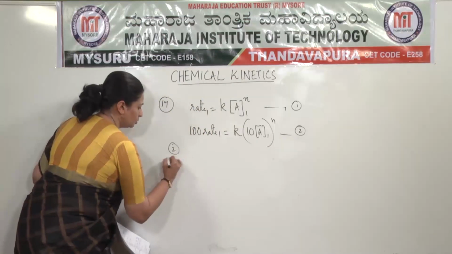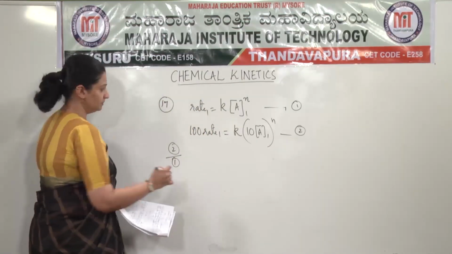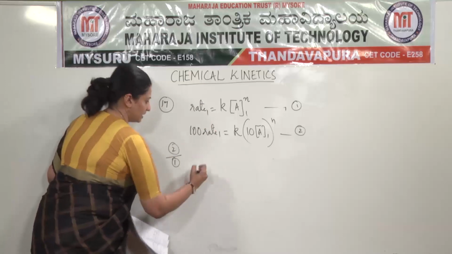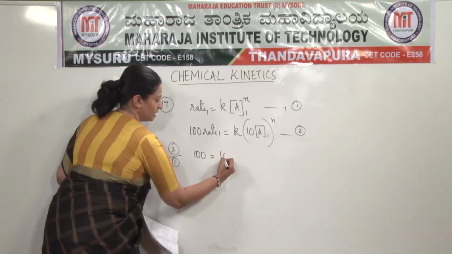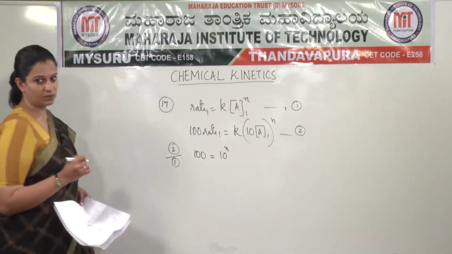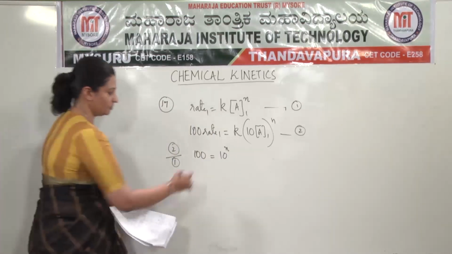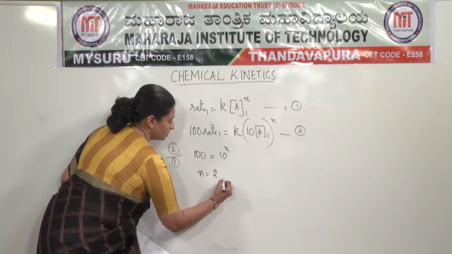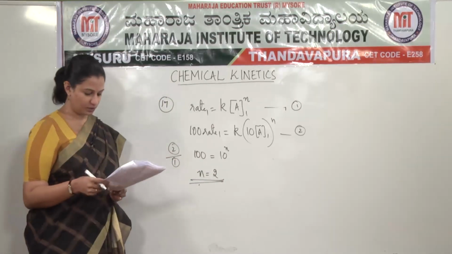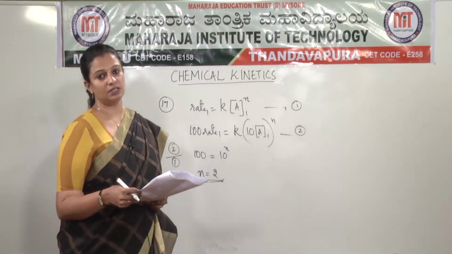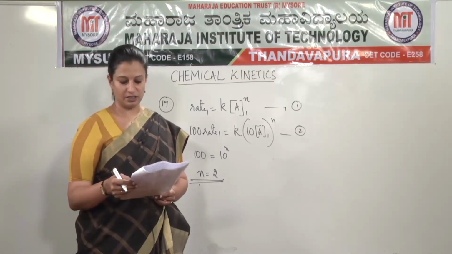If you do 2 by 1, rate 1 will get cancelled, so you will have 100 is equal to 10 to the power N. This obviously means N is equal to 2. So the order of the reaction for question number 17 is 2, and option D is your answer.